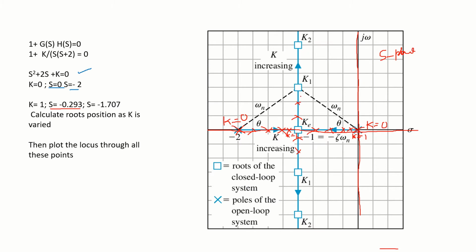As you go on varying the K, go on solving the equation, you go on getting the roots position. You join all these points like this. This is what you call a root locus.